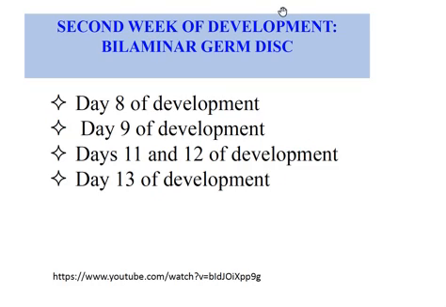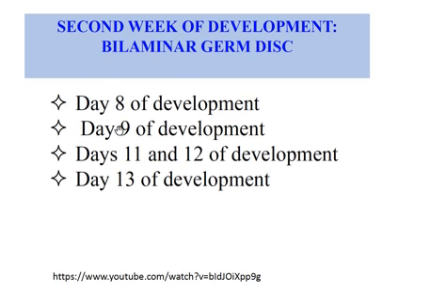By the second week of development, as I mentioned before, we'll have a bilaminar germ disc. It means the embryo will be formed by only 2 layers, ectoderm and endoderm. In the second week, we'll take the critical days of development, through which we'll have the main events of embryonic development.